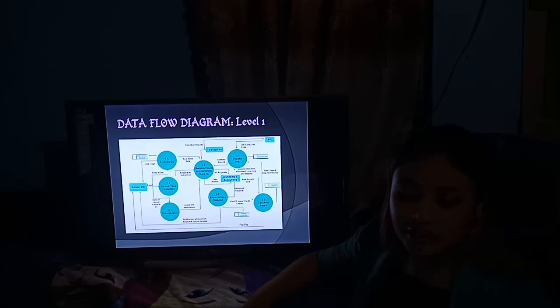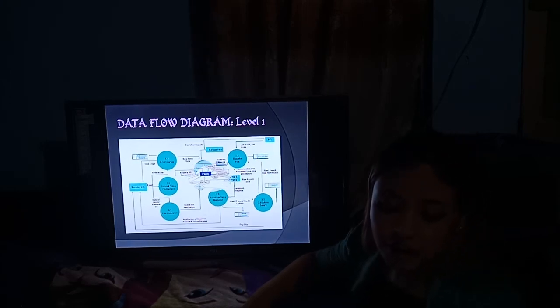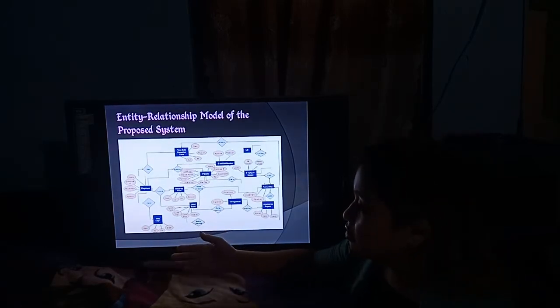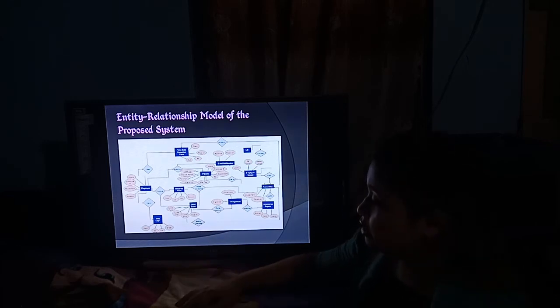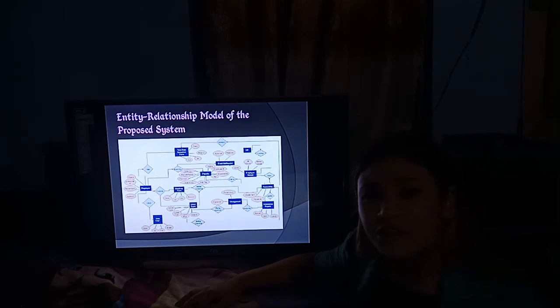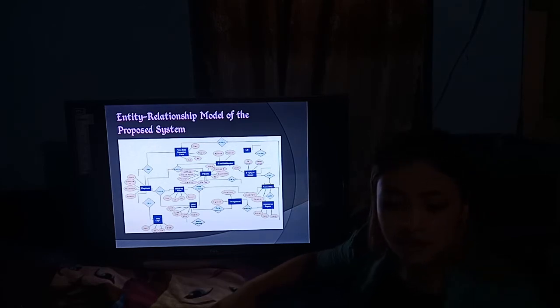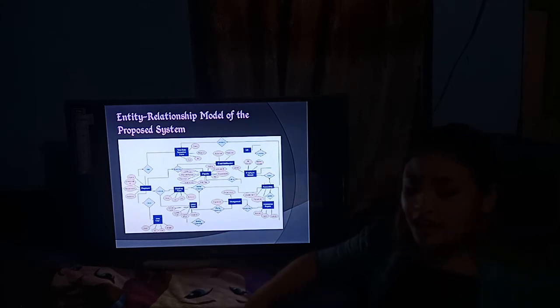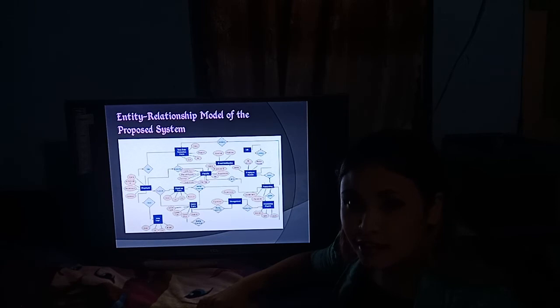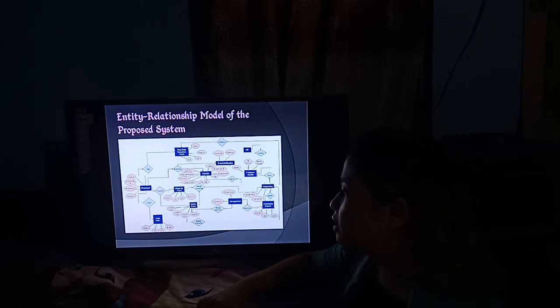Let us move on to the next page. This is the ER diagram. The dark blue boxes represent the entities, and the diamonds represent the relationships. Understanding the relationships existing in the proposed system identifies the roles of these entities. For example, it is prominent that the employee's main role is to file different forms like the time data correction, overtime form, and leave form, and to check his time logs.